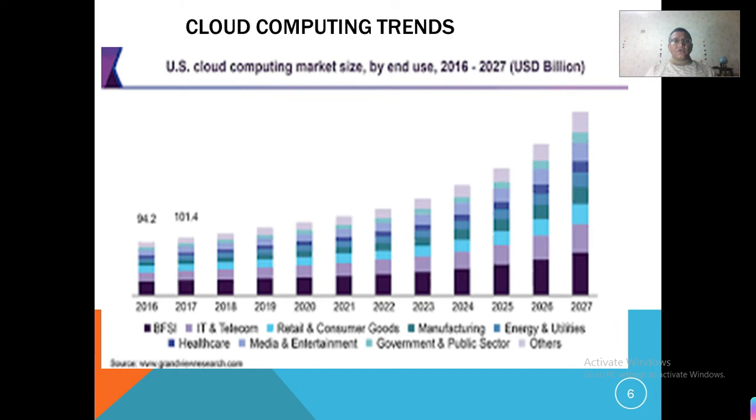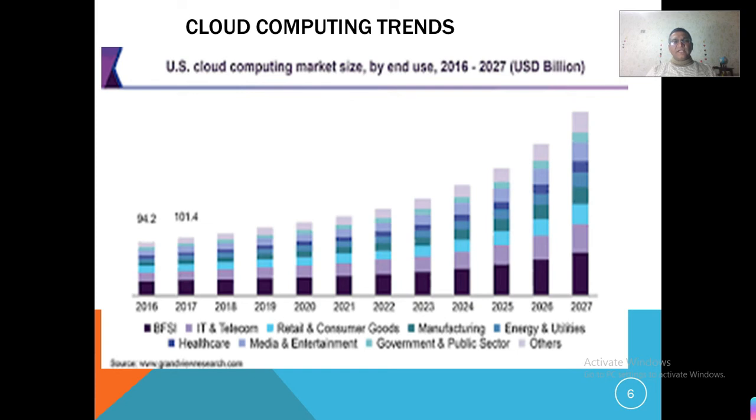If you look at the statistics, this is a graph which I have taken from the internet, and I have used it to make you realize the importance and the growth that cloud computing is showing. The global cloud computing market is forecasted to go over $650 billion by 2025, and you can see that by 2025 almost 80% of organizations are expected to migrate towards the cloud.